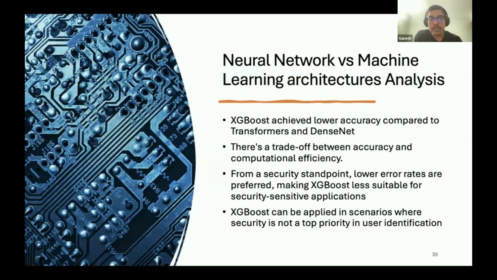But if you look at neural network versus machine learning, like I said, XGBoost versus Transformer architecture, XGBoost got lower accuracy. So we saw that there is a trade-off between accuracy and computational efficiency. The heavier the model is, the better accuracy we are achieving.